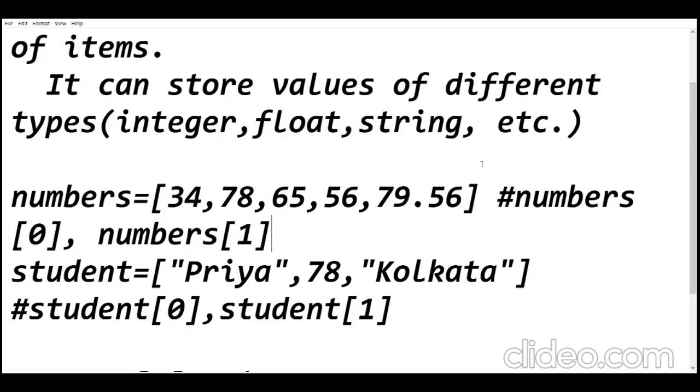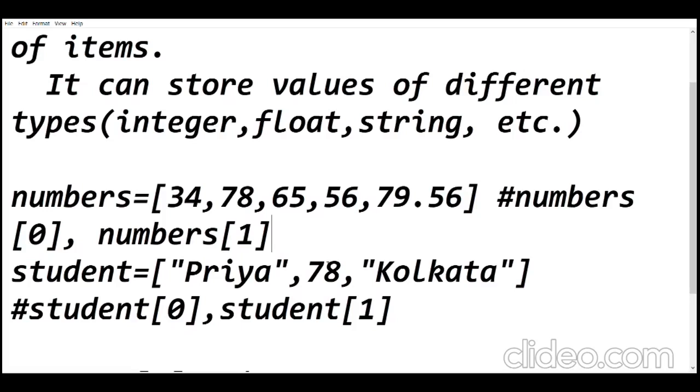The string and the list are similar in Python, because in a string we can also access any character of the string using indexing, and in a list I can also access any element of the list using indexing.